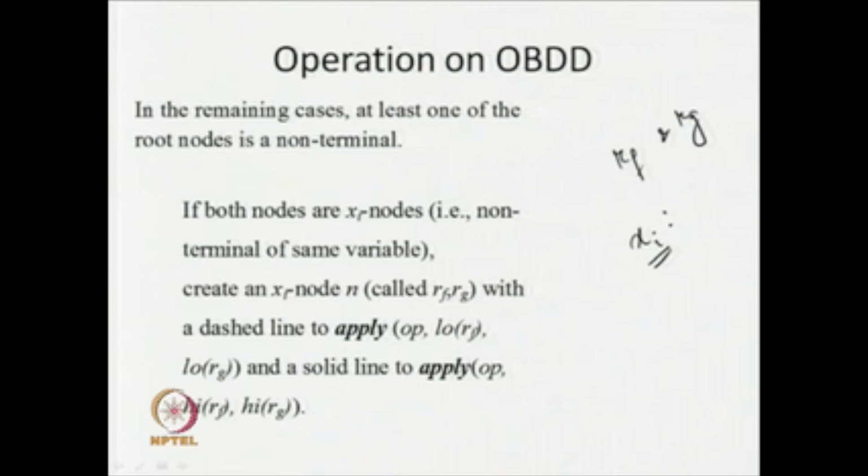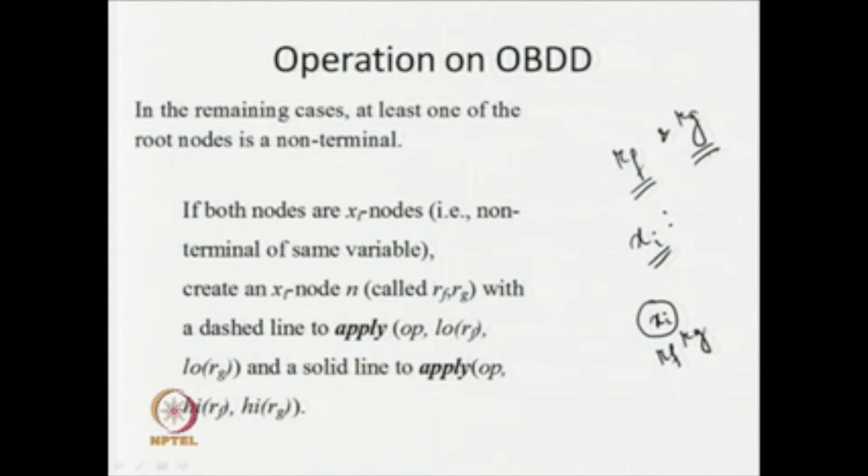Okay. Now, we are going to create a node xi, that means, since now both the functions depend on this particular variable xi, we are going to create a node xi, and we are going to call this particular node RF and RG, because in my given BDDs, one node is RF and second node is RG.